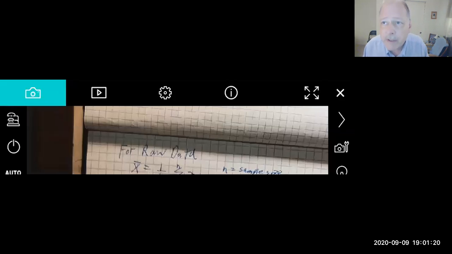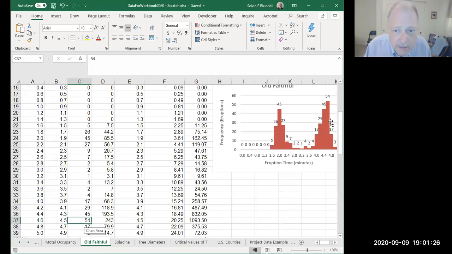Let me get back over where you can see. So the tallest bar in the histogram here has a frequency of 54. It includes individual eruptions that lasted between 4.4 and 4.6 minutes. So the class mark there is 4.5 minutes.